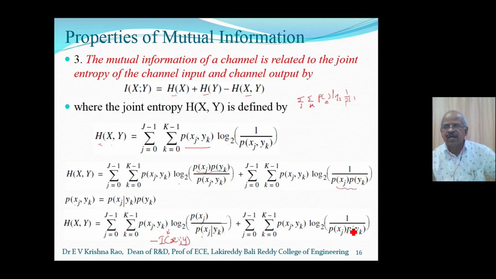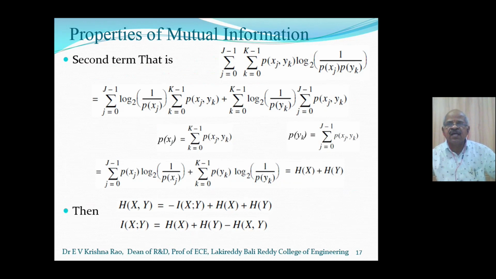Again, we further simplify it into two terms: one term and another term, adding the logarithmic values. Here it is split into two terms because of 1 by p of xj, p of yk.